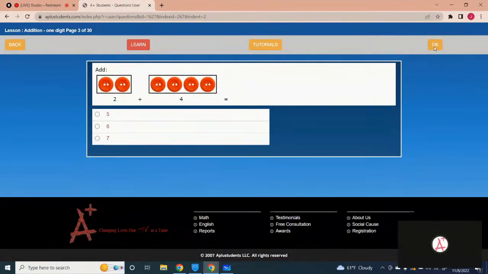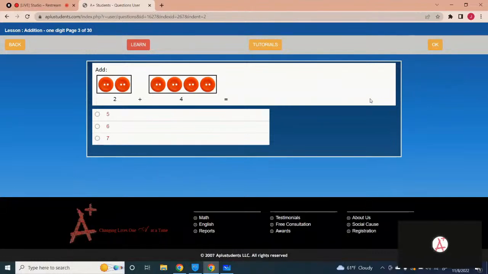Okay, add 2 plus 4. So start adding them. It would be 1, 2, 3, 4, 5, 6. So together they make 6.